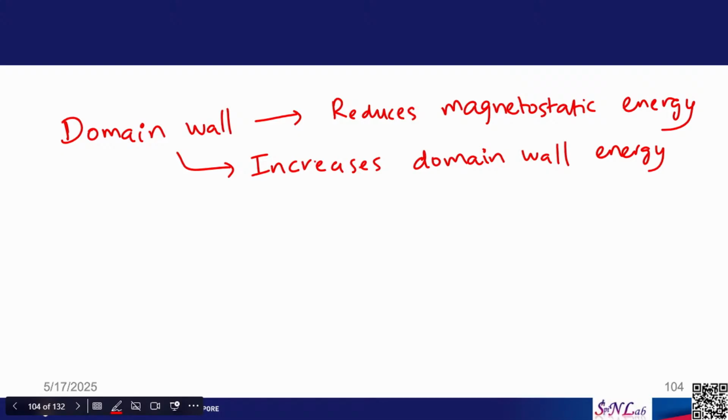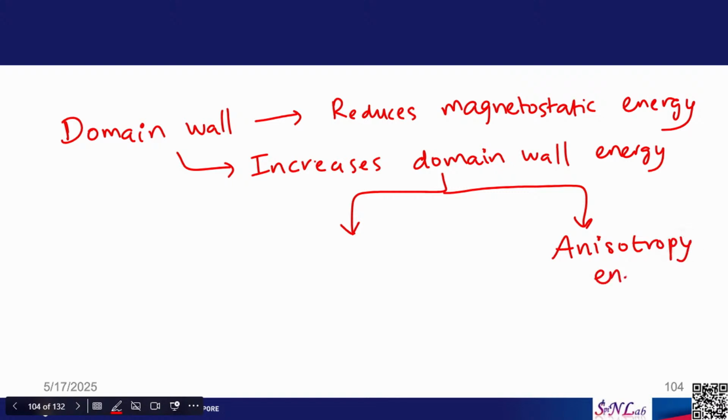I haven't taught you what the domain wall energy is, or where it comes from. This domain wall energy comes from two aspects. One is the anisotropy energy. The other contribution comes from the exchange energy.